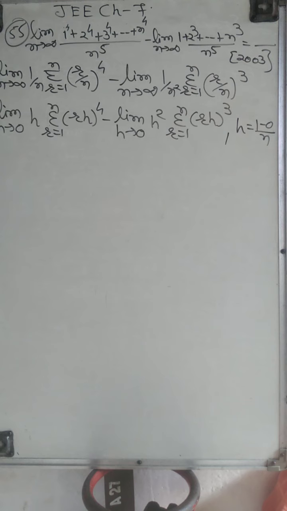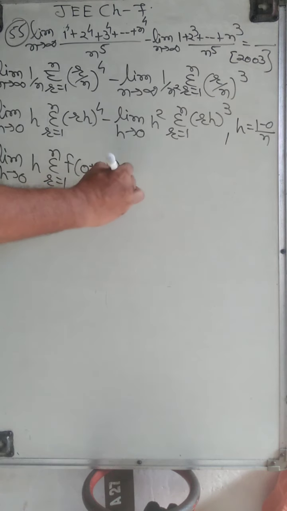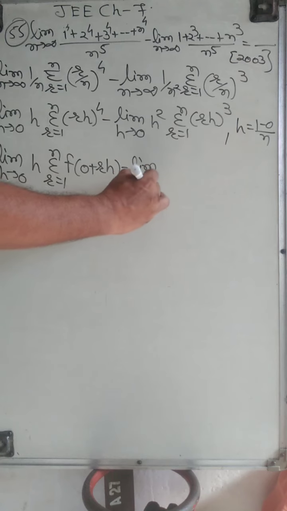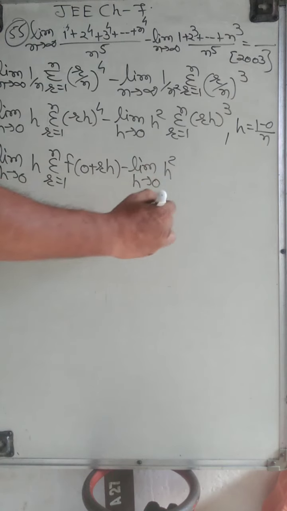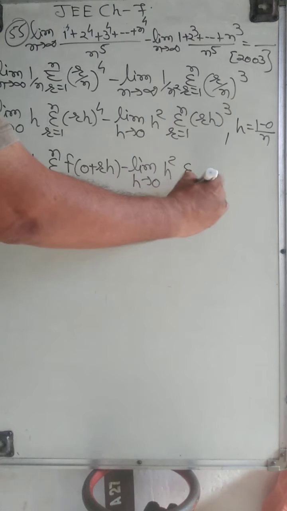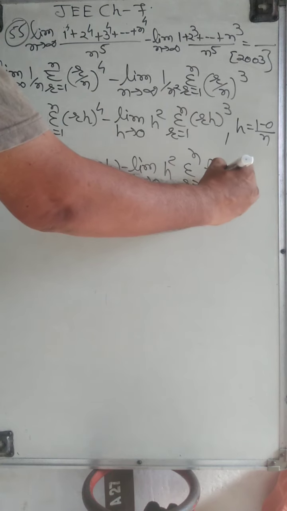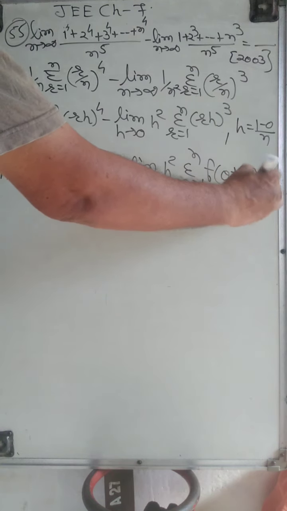So when we simplify, the function is limit h tends to 0 of h sigma r equal to 1 to n f(0 plus rh), minus limit h tends to 0 of h square sigma r equal to 1 to n g(0 plus rh).